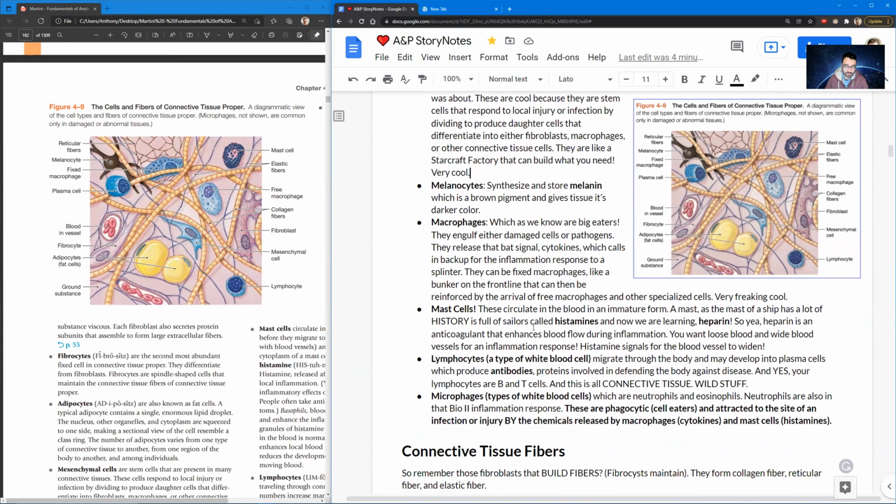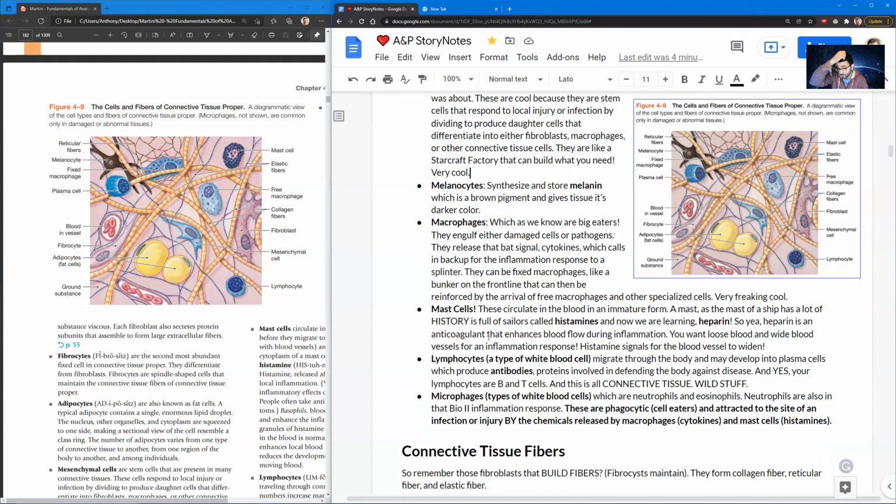All right. Then you have these mast cells. These circulate in the blood in an immature form. So a mast, like the mast of a ship, has a lot of history. It's full of cells called histamines. All right. Now we're also talking about heparin, which is an anticoagulant that enhances blood flow during inflammation. So an anticoagulant, it's like heparin's a blood thinner.